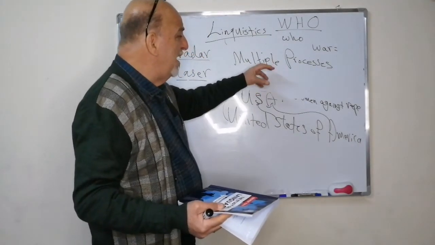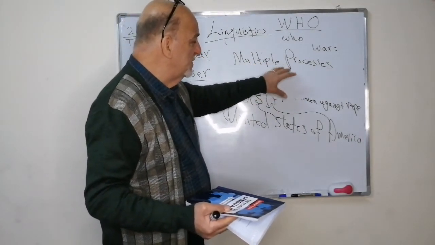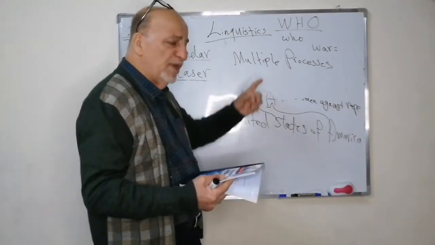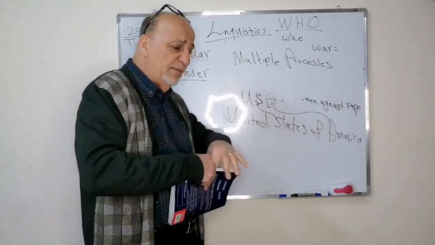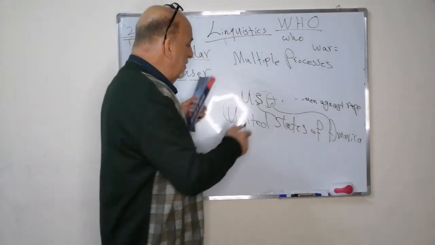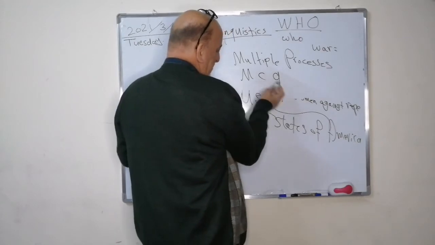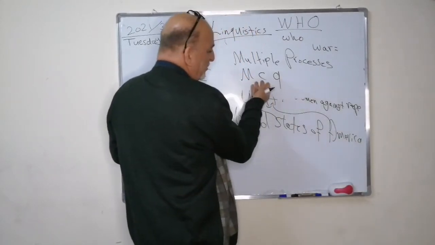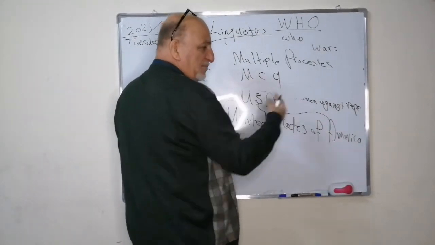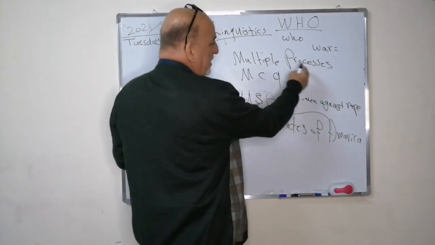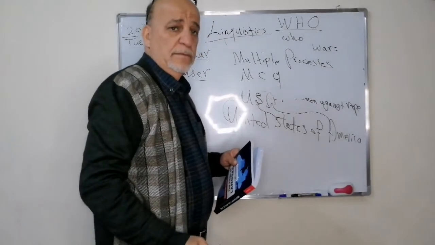Here, in multiple processes, we are going to use two processes. The word multiple means متعدد. And we have MCQ, which is multiple choice questions, سؤال متعدد الاختيارات. So multiple means متعدد العمليات.